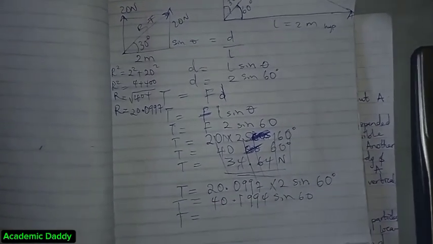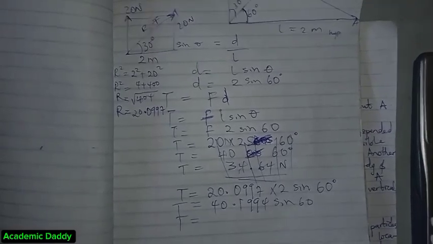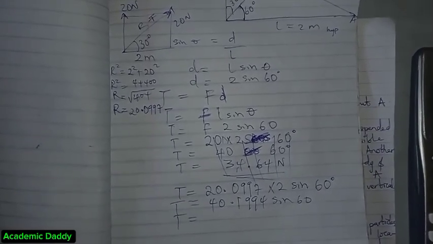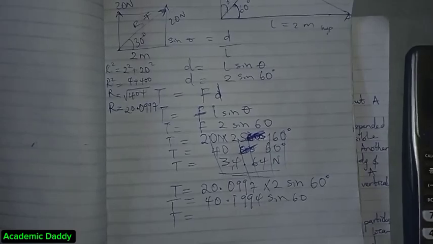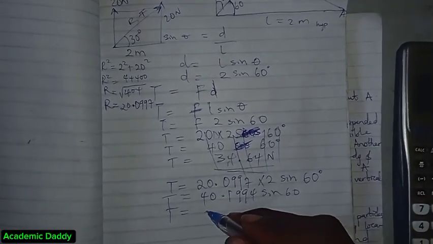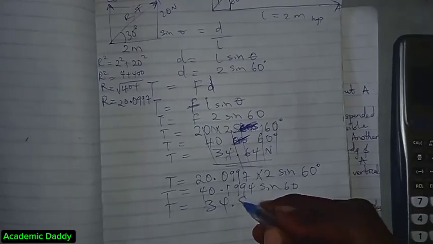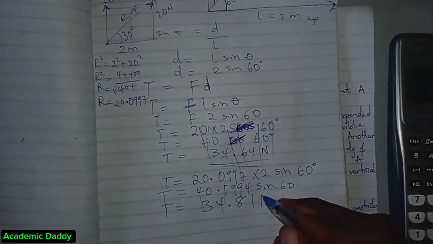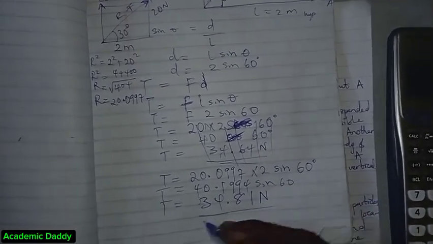So T will be equal to 40.1994 sine 60. So 34.81 Newton. This is correct, not 34.64. This is what it should be. This is how to go about it. We are very correct. This is what it should be.